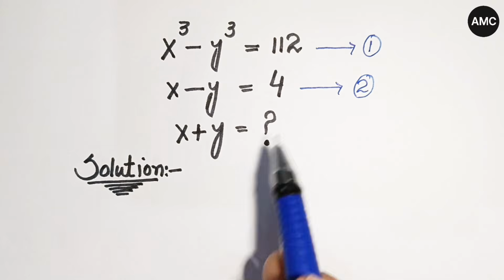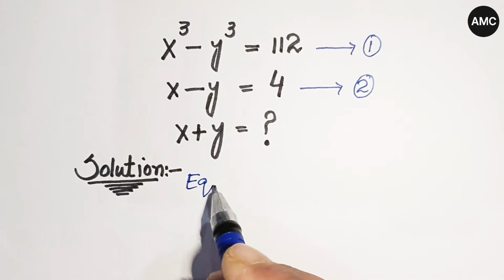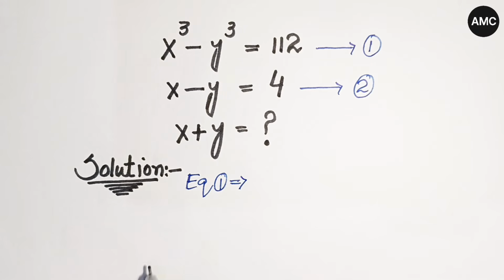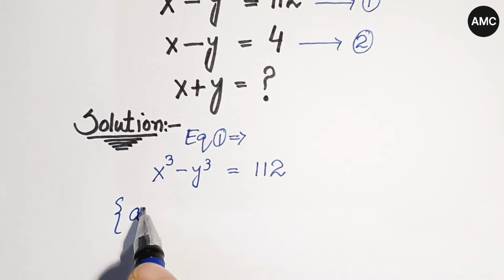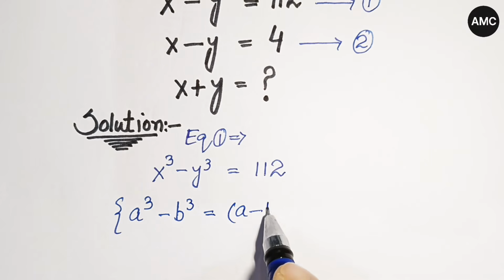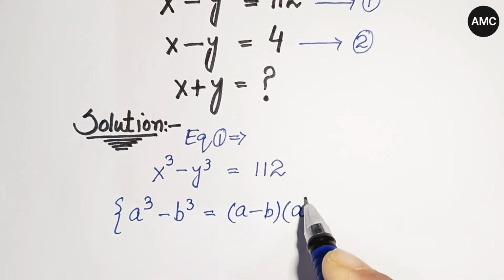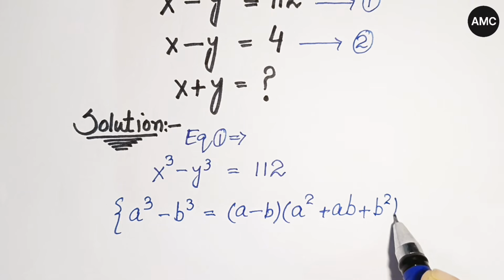Now here, equation 1 implies that x cubed minus y cubed is equal to 112. According to the algebraic identity, we know that a cubed minus b cubed is equal to a minus b times a squared plus a times b plus b squared.